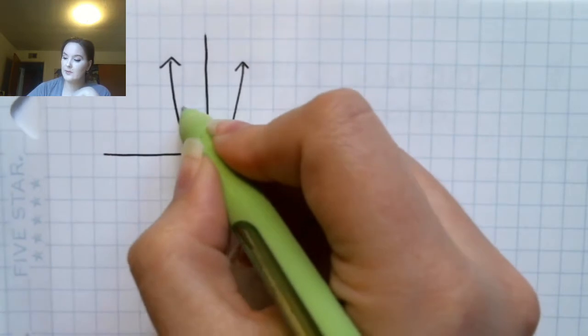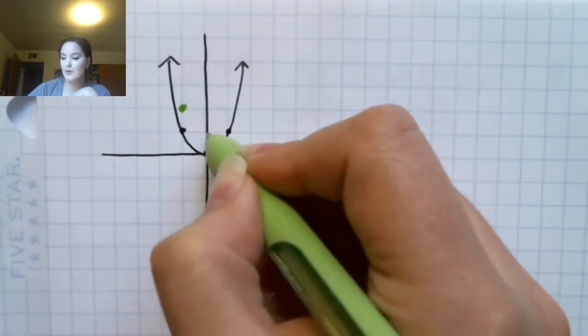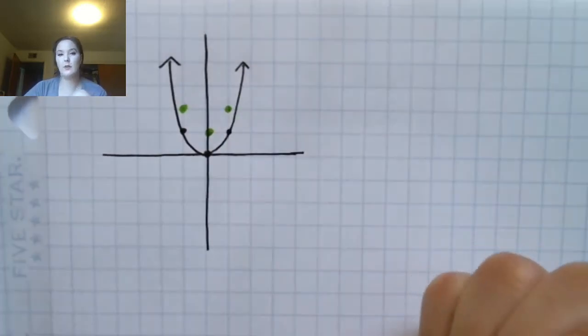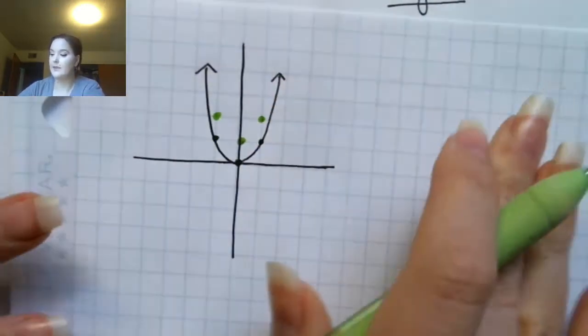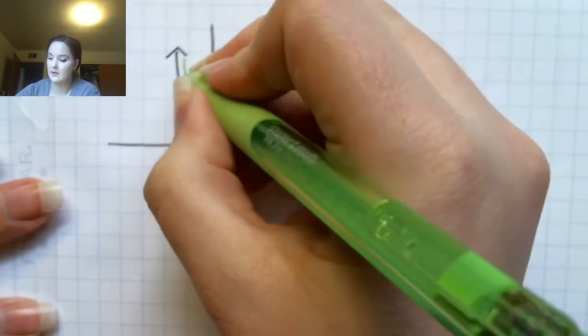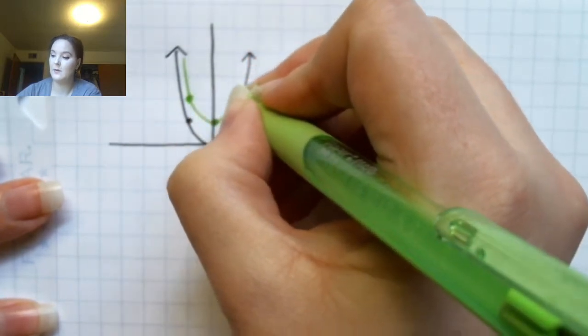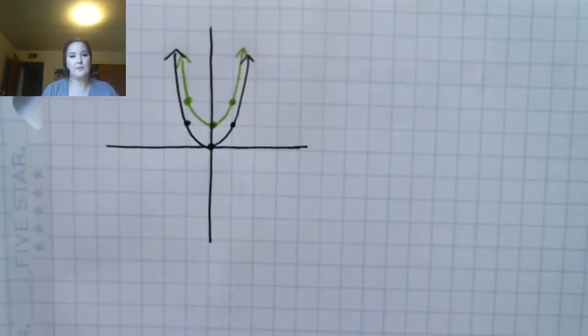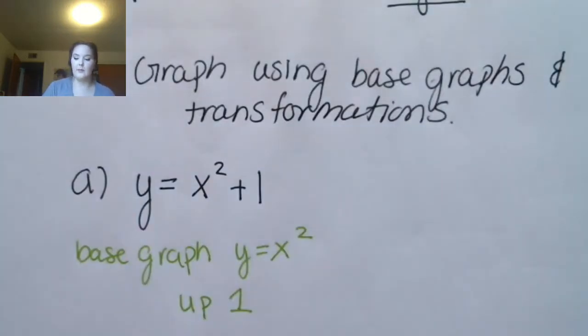So I'm moving this one up 1. Okay, I move this one up 1, and I'm moving this one up 1. Okay, and this gives me my new graph. Okay, same shape, same size, just moved up 1. Okay, all right, let's look at another example.